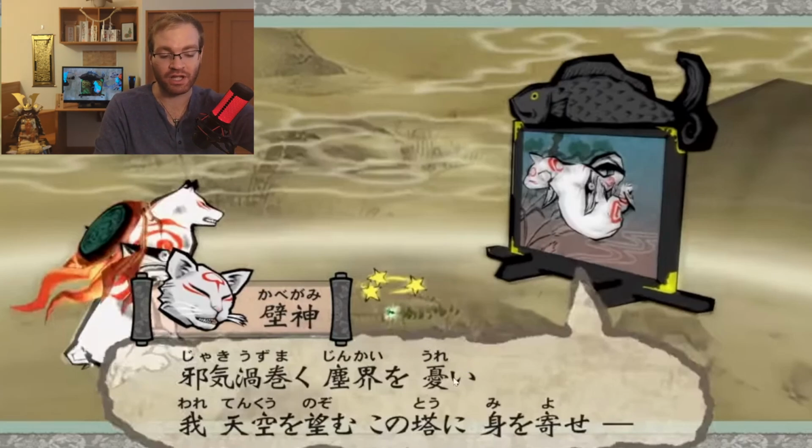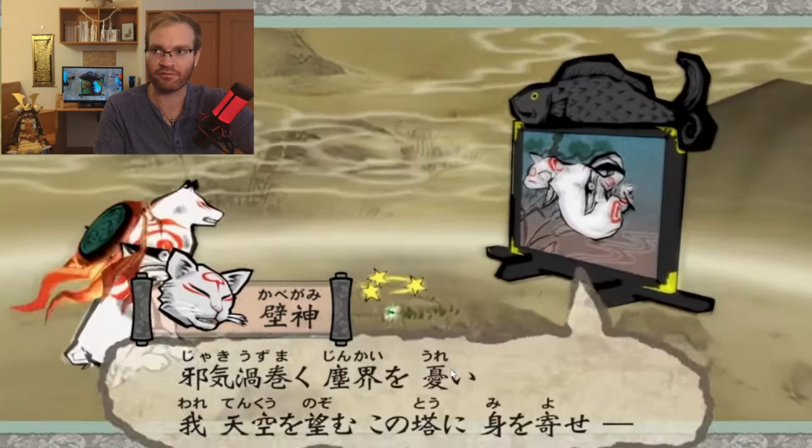However, we go from ureu to urei, and the reason why we put it in i is because this is the renyoke, aka what I like to call the soft connective form, which means that we're continuing the sentence and connecting this to another part of the sentence, but we're going to make it a soft connection. It's not going to be a hard, distinct connection. It's going to be a soft one, but it just means that we're continuing on, okay? So, jaki uzumaku jinkai o urei, okay?